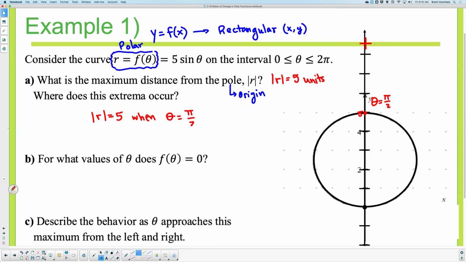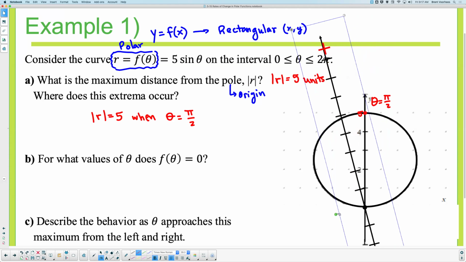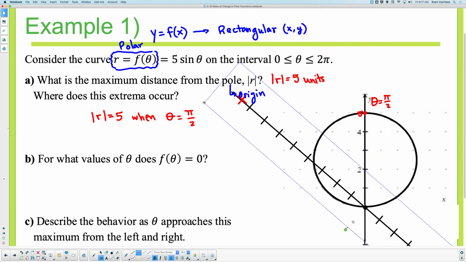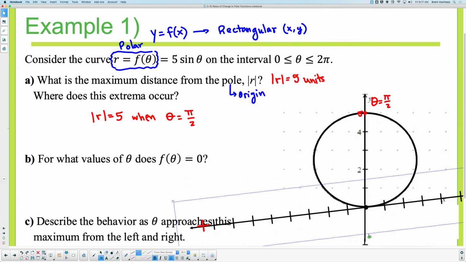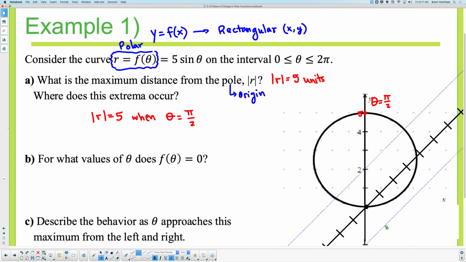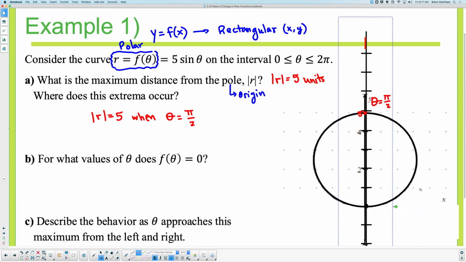Now, that's not the only time this occurs. What is the other angle that could also produce that value of 5 units up? What else could produce that? It's 3 pi over 2.